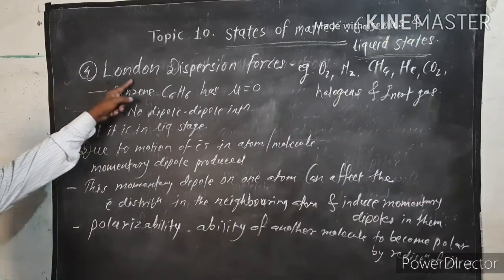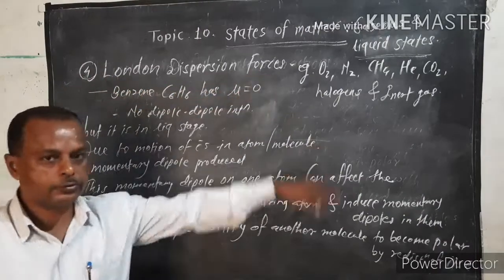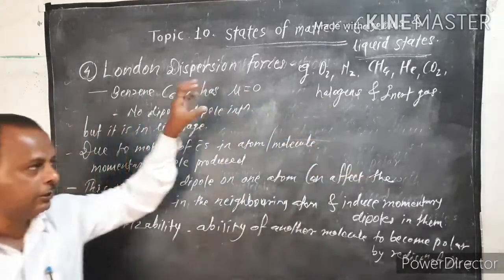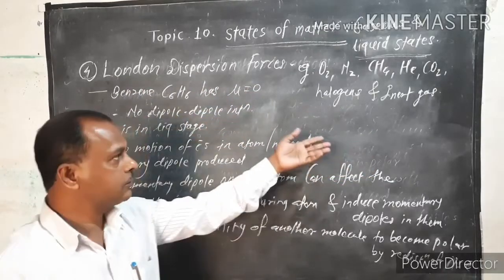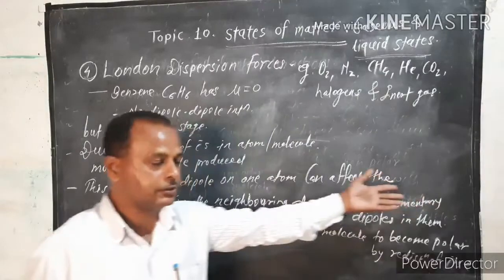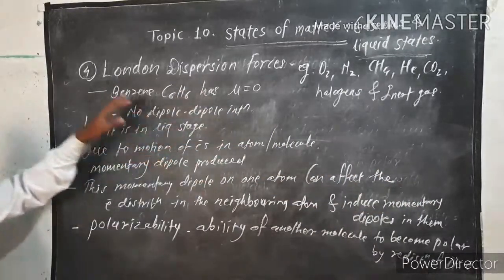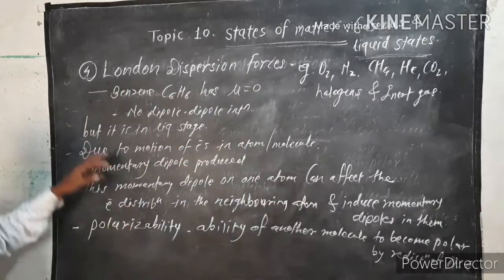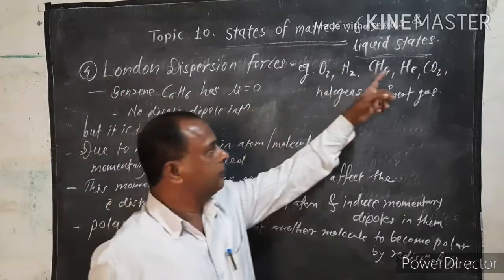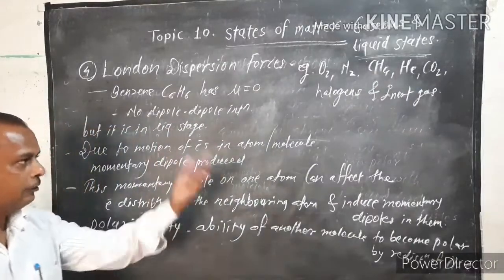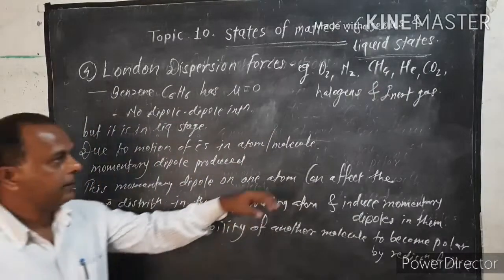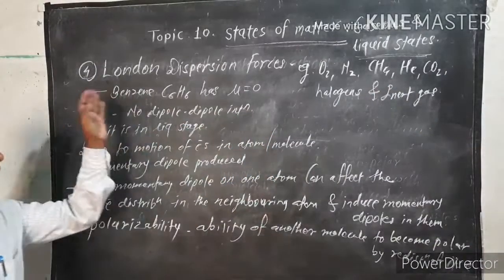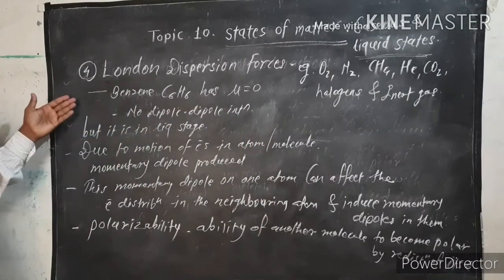Now we will study the fourth type, London dispersion forces. These forces are generally shown by non-polar molecules and the inert gases. They show this particular type of force of attraction. For example, oxygen, nitrogen, methane gas, helium gas, halogen gas, carbon dioxide, and other inert gases can show these types of attractions.